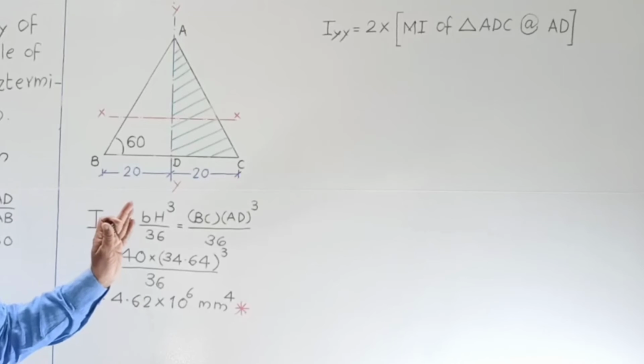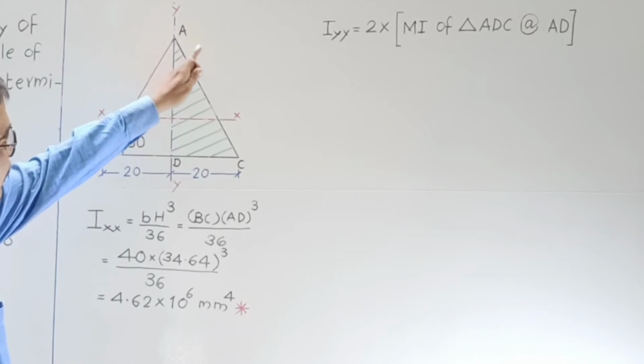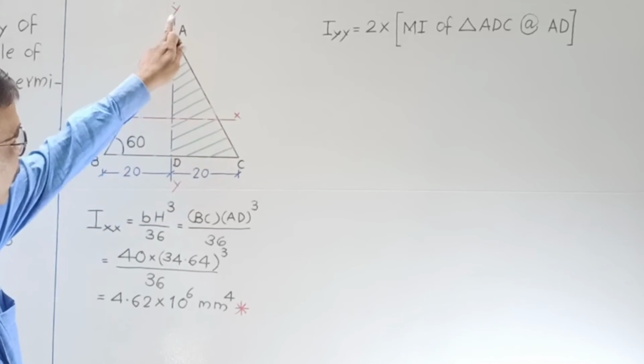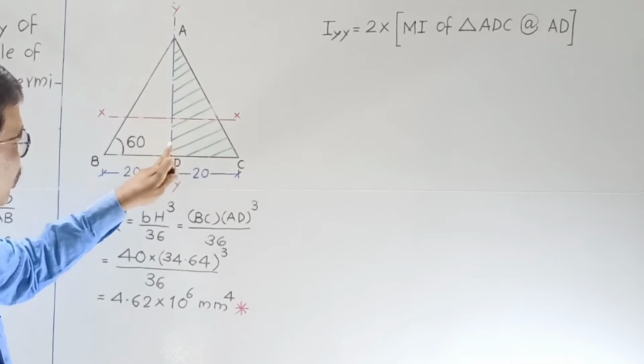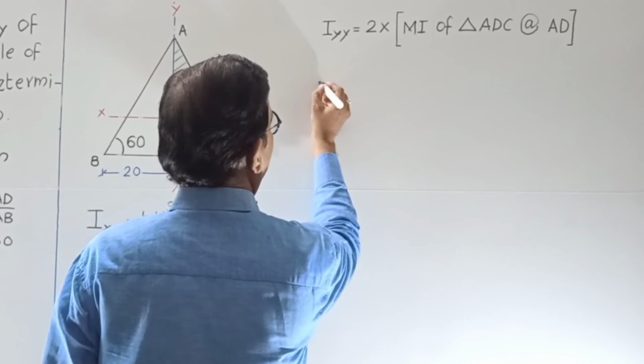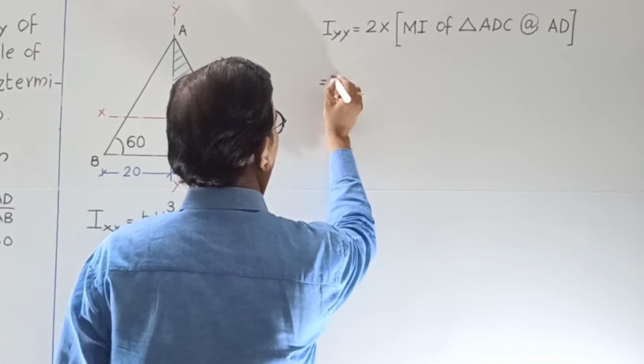This is important to understand. This is the right angle triangle, this is the right angle. So the moment of inertia of this triangle ADC about its side multiplied by 2 will be Iyy. Okay, so let us write these details.